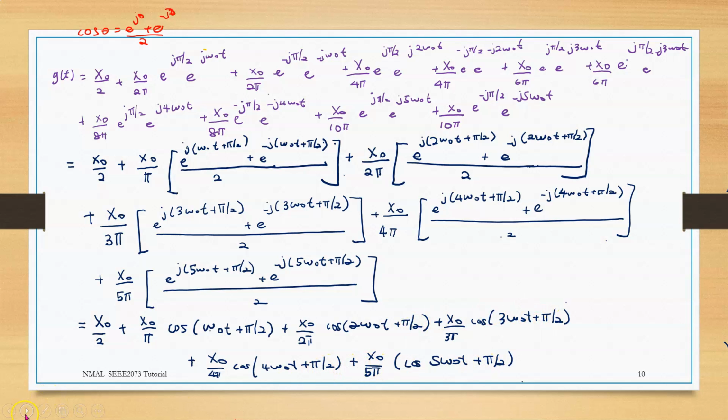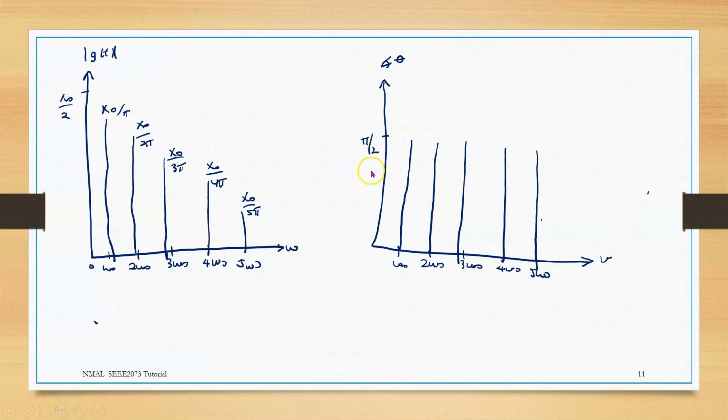Okay, this is the phase. So you draw for all n the phase is pi over 2, and there is no phase for n equal to 0, or for omega equal to 0. So finally you have answered the question to plot the double-sided spectrum and also the single-sided spectrum.